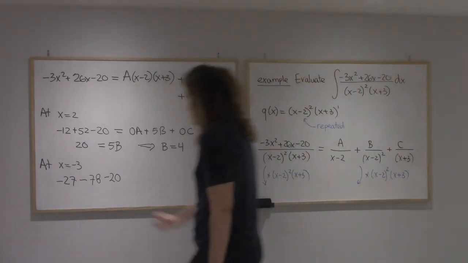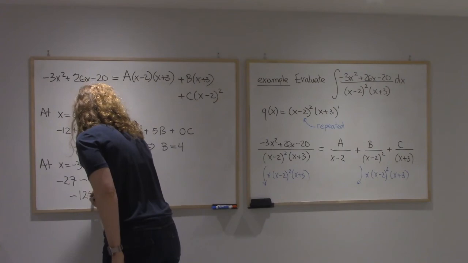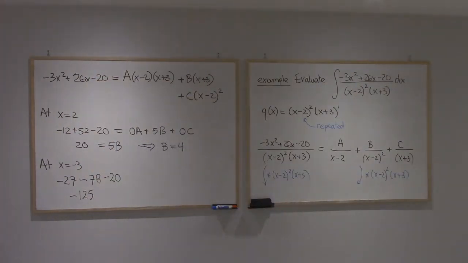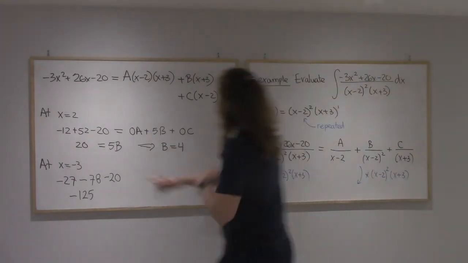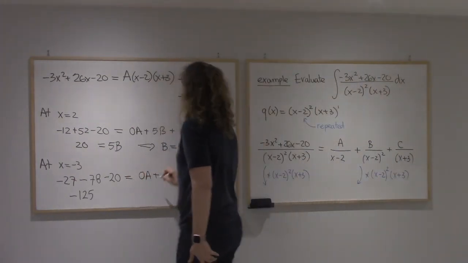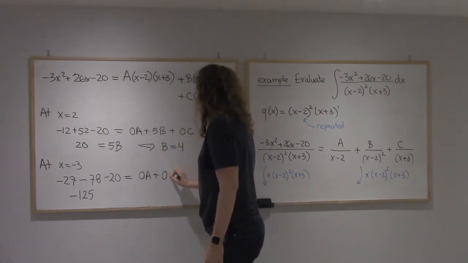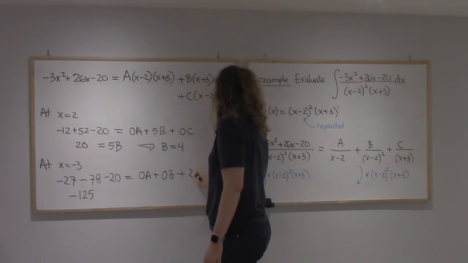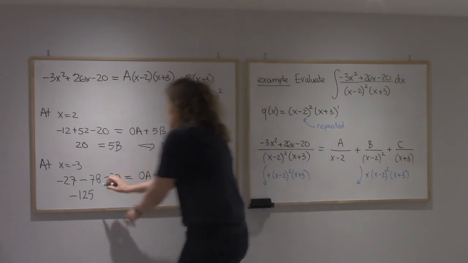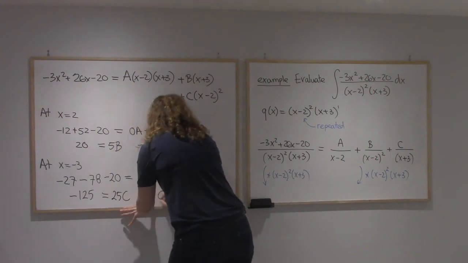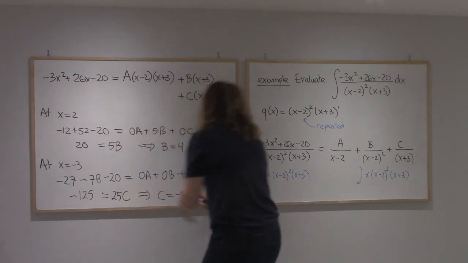Yep, that's right. Minus 125. I had doubts, it seems so high. It's fine. All right, so then if I plug in minus 3 here, I'll get 0a. Here I'll get 0b. Here I'll get 5 squared, oh, that's why, 25c. So that's equal to 25c, which means that c is minus 5.